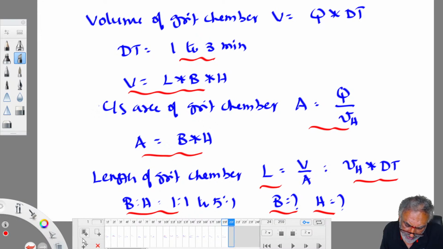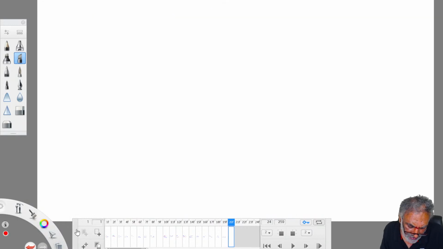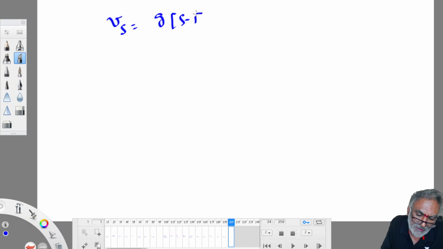In addition to that, for the grit chamber, the sedimentation time and the settling velocity of the grit particle you can work out using the same equation if there is laminar flow condition.